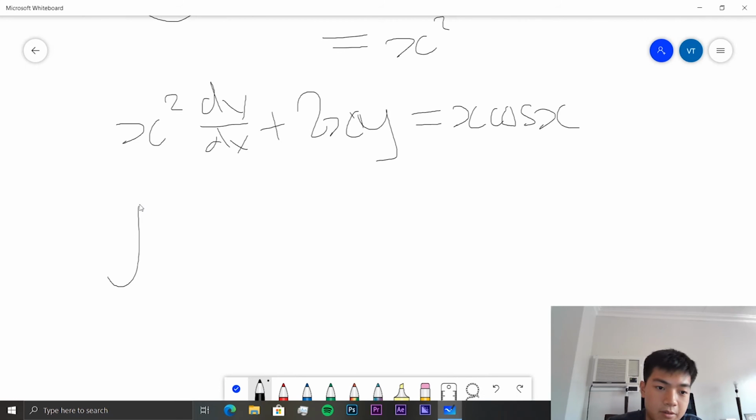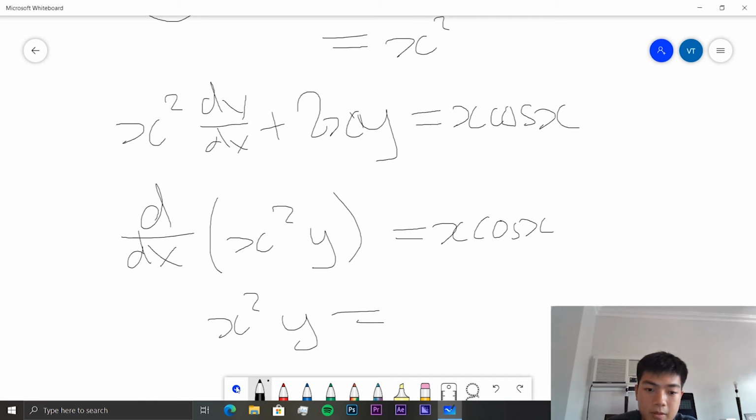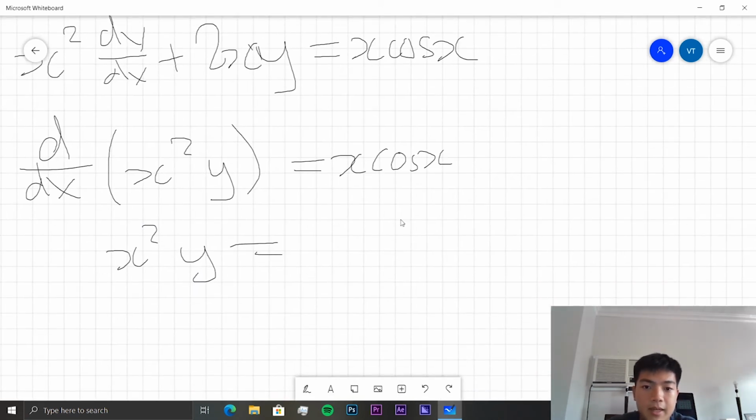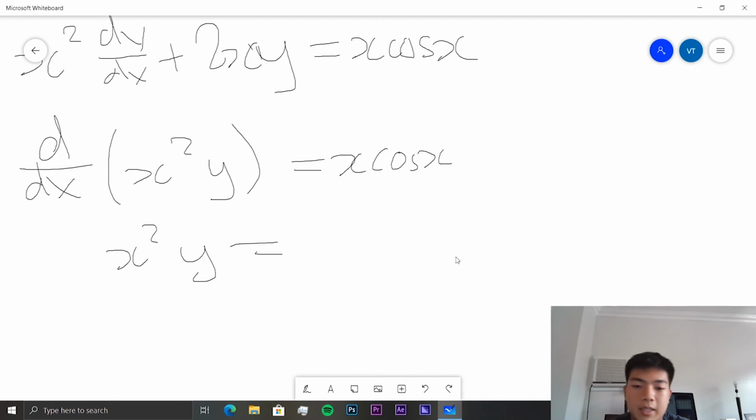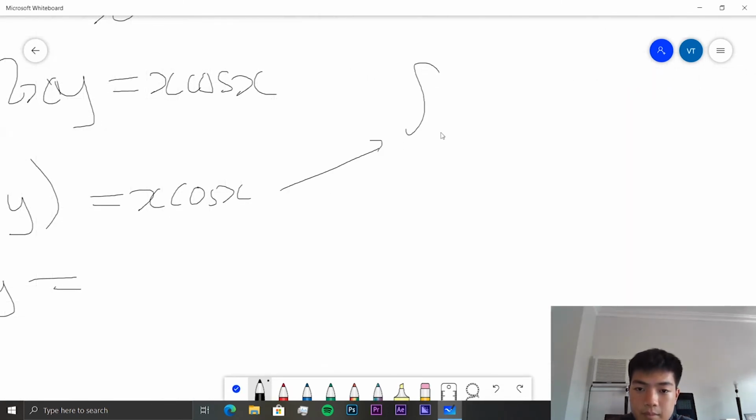So we get, sorry, not the integral, this is d over dx of x squared y is equal to x cosine x. So we have x squared y is equal to, and we need to integrate x cosine x, which is u is equal to x, u prime is equal to 1, v prime is equal to cosine x, v is equal to sine x.